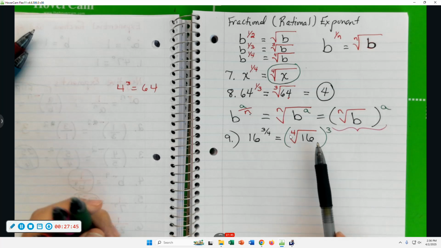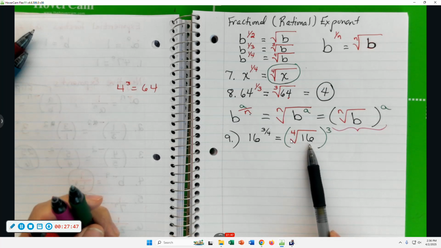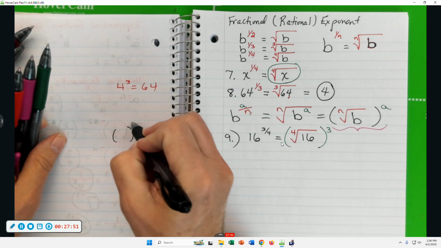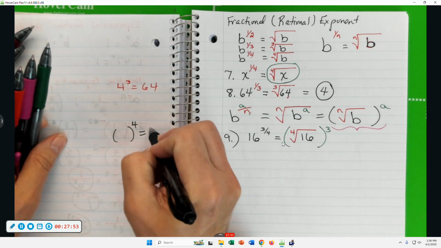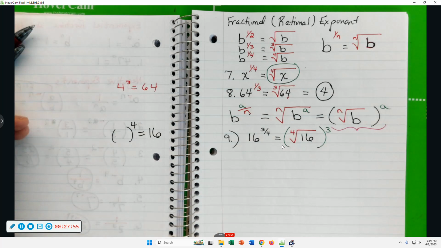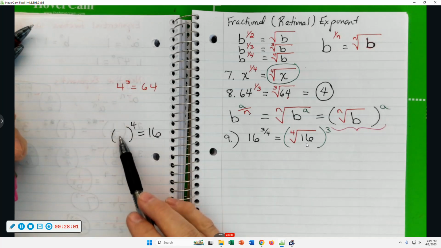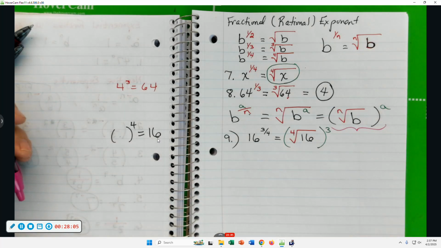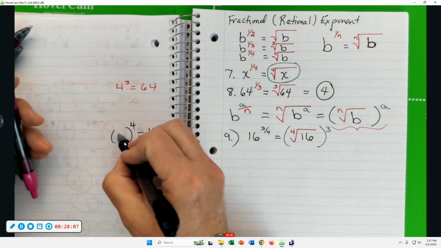So work underneath there. The 4th root of 16. Here's what you're asking yourself. What number to the power 4 will give you 16? Don't say 4. 4 times 4 times 4 times 4 is 256. So what number do you raise to the 4th power to give you 16? I think I heard it. 2. I agree.